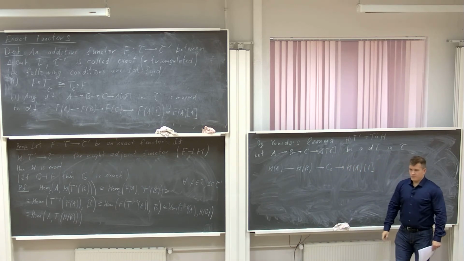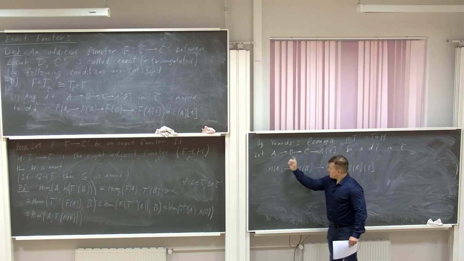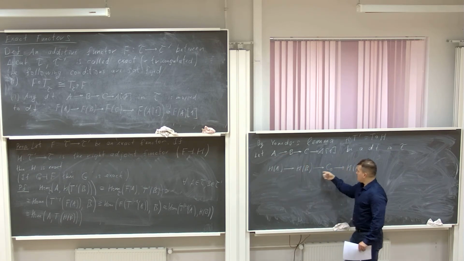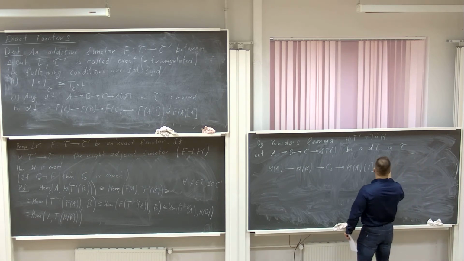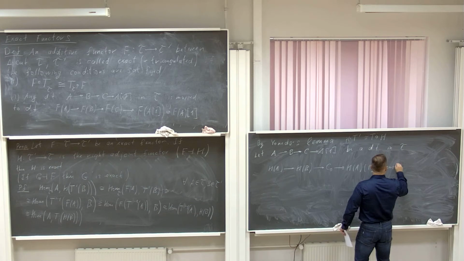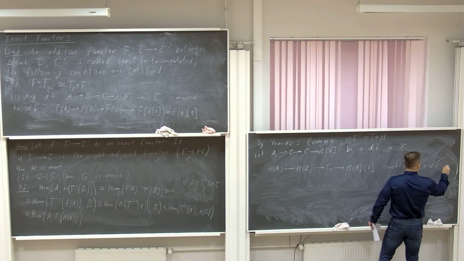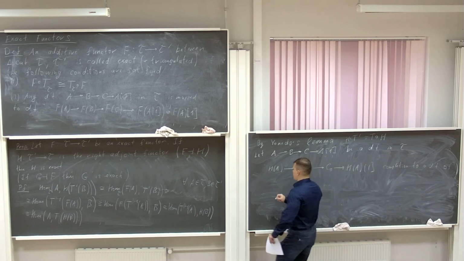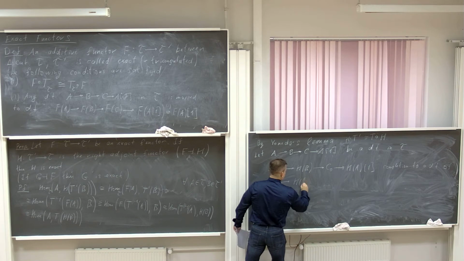I'm taking only one map between these two objects, getting something in the category T prime, and then completing this to a distinguished triangle. So this is a completion to a distinguished triangle of the map between H of A and H of B.